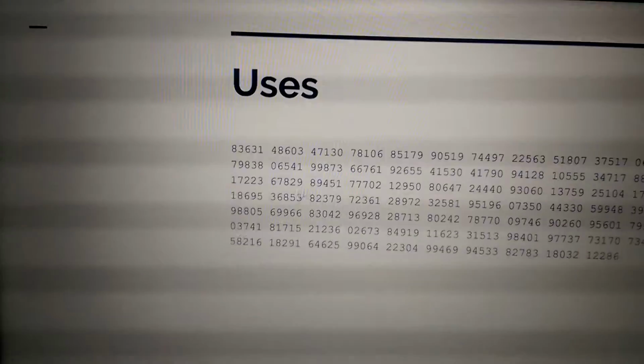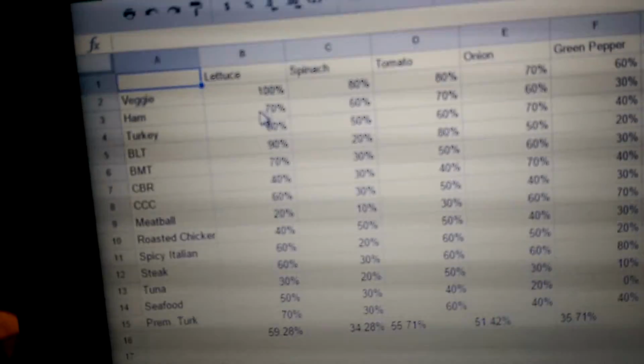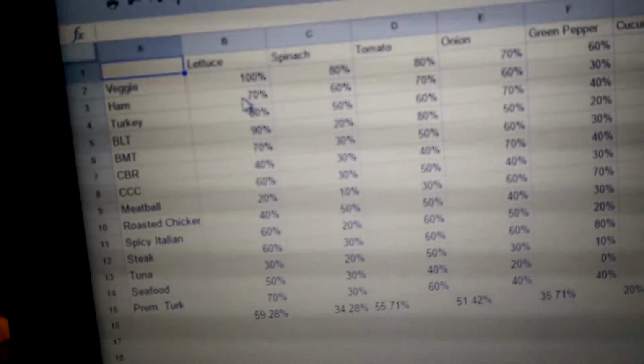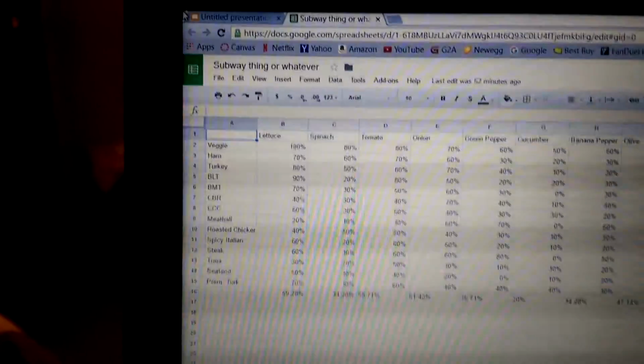So if you have, for example, an 8, and then you went to the spreadsheet, it would show if that number was as high as the first number in this, that would mean it's a success and they got that sort of vegetable on their sandwich, if that makes sense. And you could just use that table to predict what kind of sandwich we made. Kind of useless, but nonetheless, you can do it.